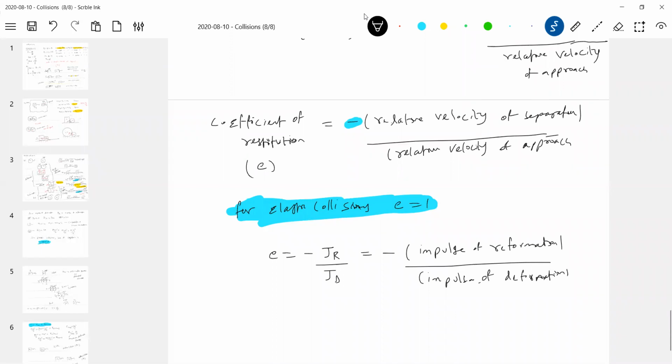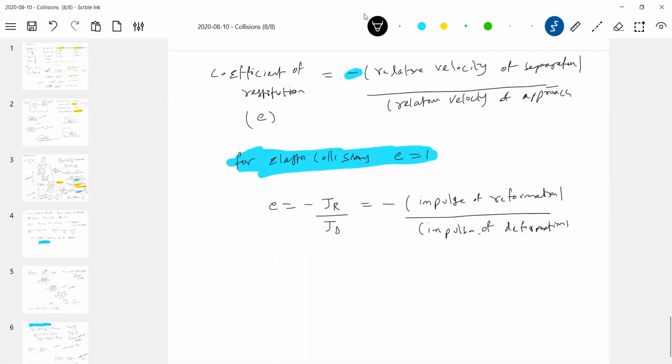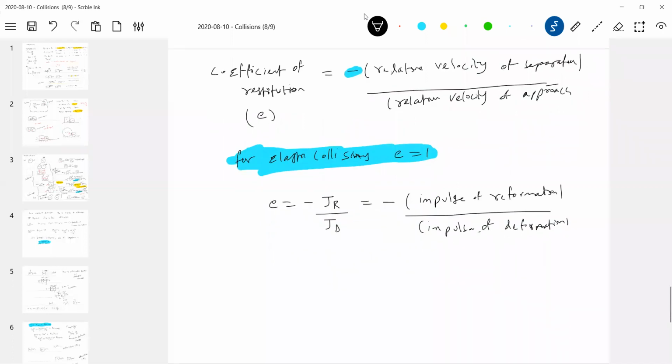So this ratio depends on them. In elastic collision, JR will become equal to JD in magnitude. So like that, we have brought in the idea of the quotient of restitution.